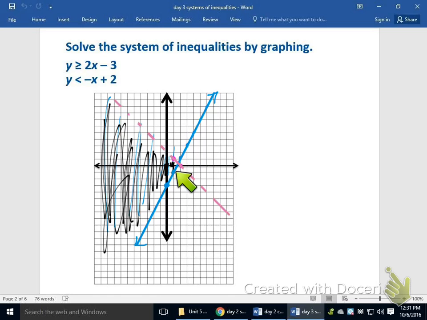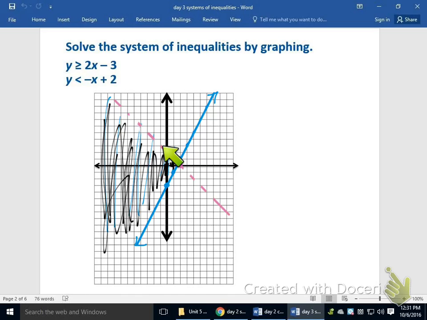The tricky ones are on the boundaries themselves, and that's the reason why we made a difference in the kind of lines that we were using. So a point like 1, negative 1 that lies on that blue boundary is a solution because the boundary is solid, and it is underneath the purple line. A point like negative 1, 3 right here, while it is on the boundary, was not equal to that boundary. So negative 1, 3 would not be a solution to this system.